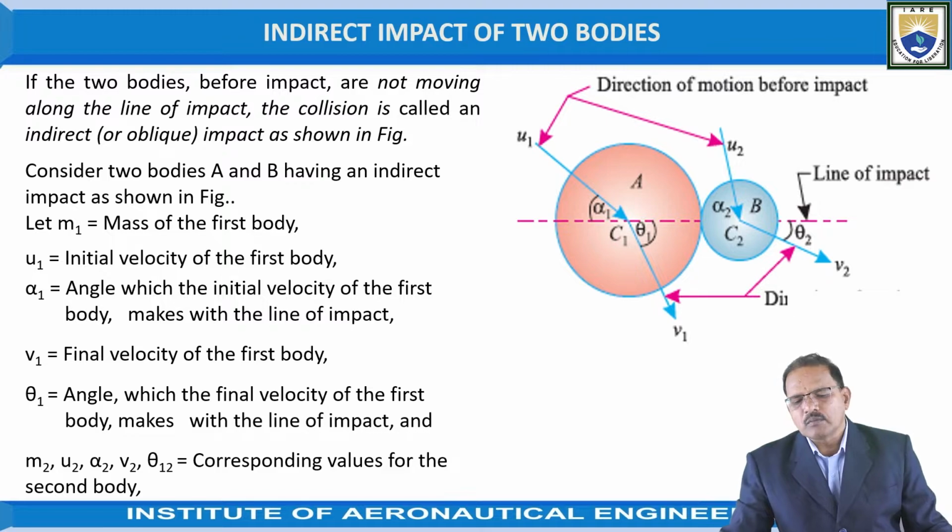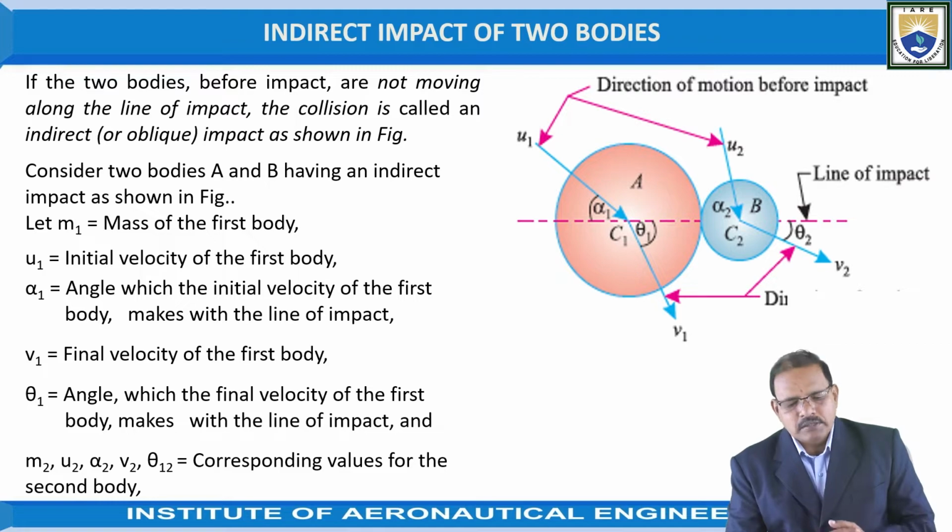Indirect impact of two bodies. If the line joining the centers of two bodies during the collision does not pass through the point of impact, then that type of collision is called indirect impact.